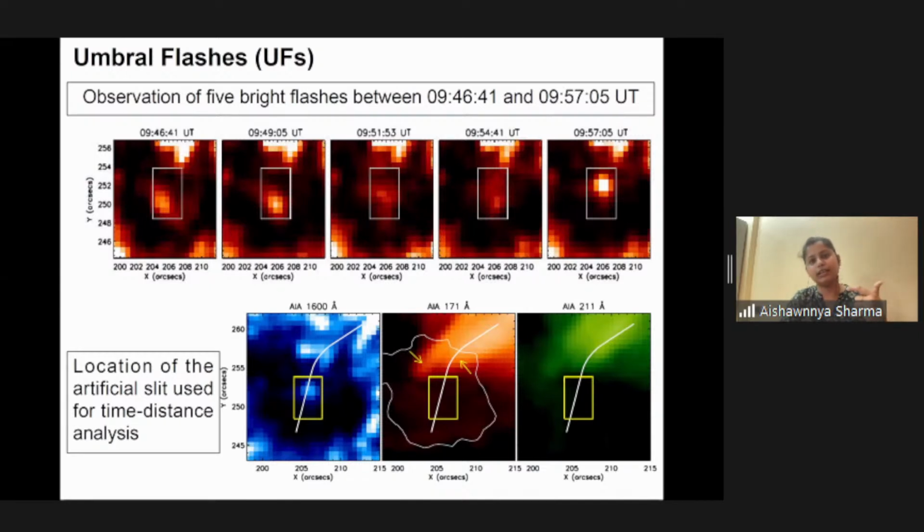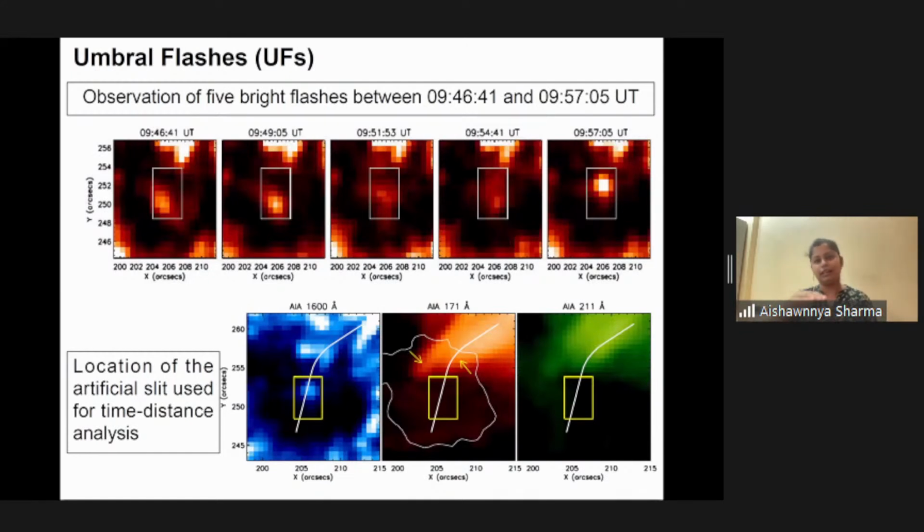These umbral flashes are lower atmospheric phenomena. They happen in the photosphere or chromosphere. Again, in the photosphere and chromosphere, there are some radially propagating waves called umbral waves also.